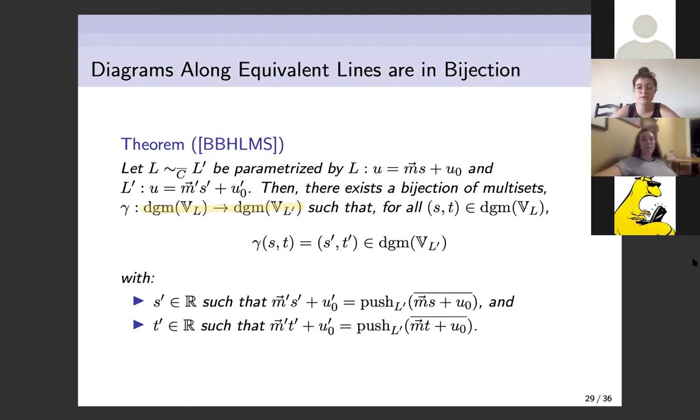On top of this, we also know how to go from one diagram to the other, by using the bar operation and the push operation. Okay, so we will see a few steps of the proof very quickly.